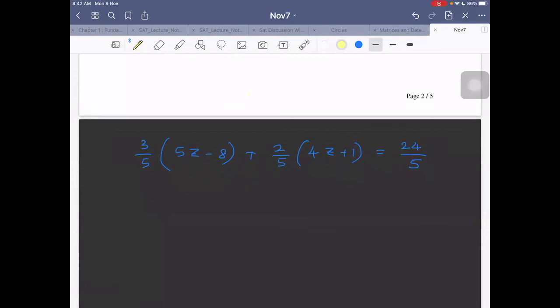Now the regular method is you see the denominator and you are extremely happy to see the same denominator everywhere. Why? You can simply get rid of it. You can just cancel off this 5 everywhere.